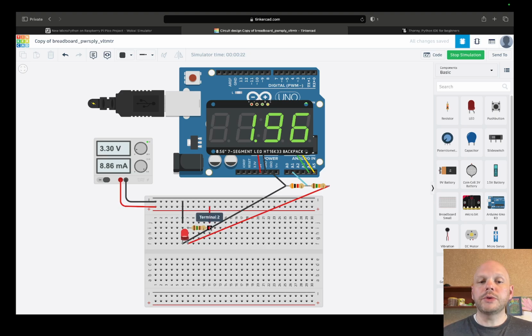If we measure the voltage across that resistor, it has a voltage drop of some amount. If we measure the voltage across the LED, it has a voltage drop of some amount. The voltage drop of all of our components in a series circuit will add up to be the total voltage going into the circuit. So just wanted to show that and explain that to you very quickly.